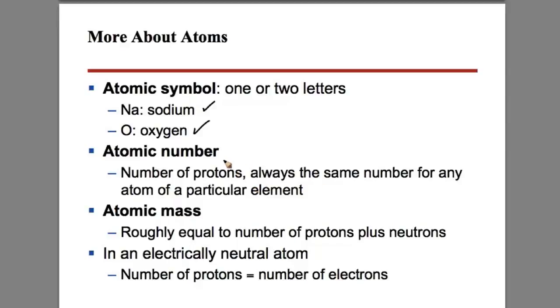The atomic number of a particular element is, as we mentioned, the number of protons, so 1 for hydrogen, 8 for oxygen, etc. And the atomic mass is roughly equal to the number of protons plus its neutrons. As we mentioned, if you have the same number of protons as electrons, then you're an electrically neutral atom.